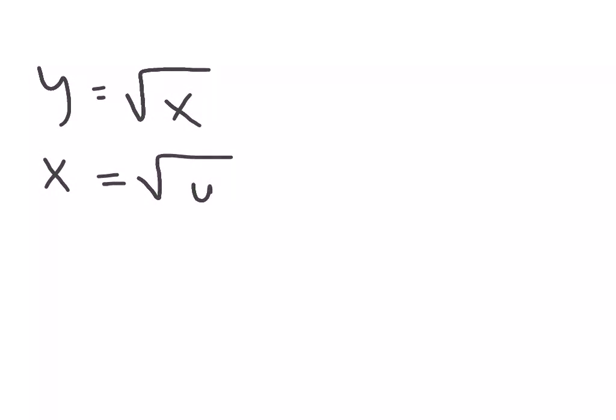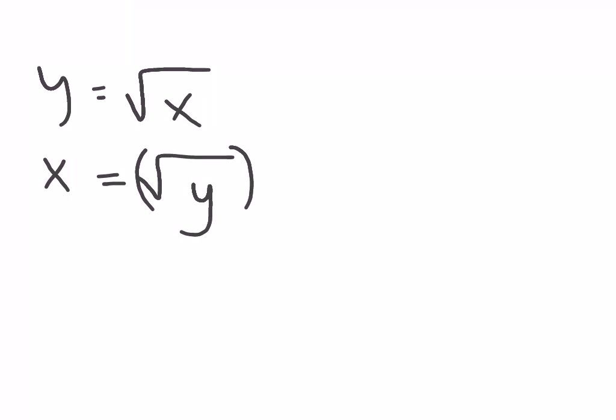Our original relation was y equals the square root of x. So our inverse relation would be switching x and y first. So x equals the square root of y, and then solving for y. So how do I get rid of a square root?